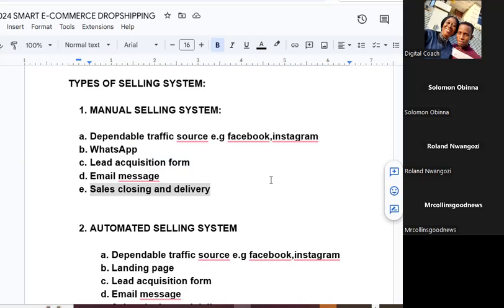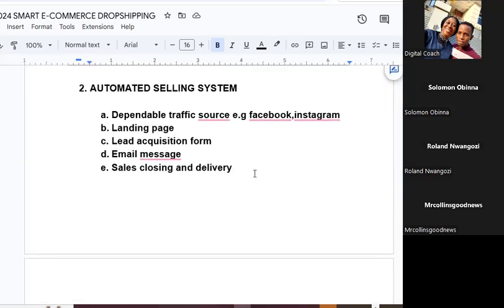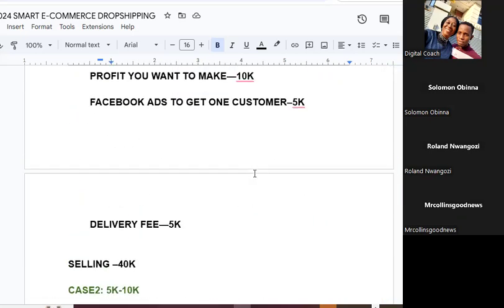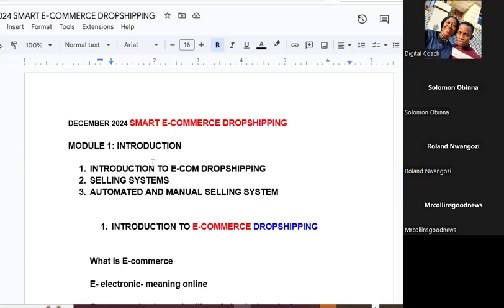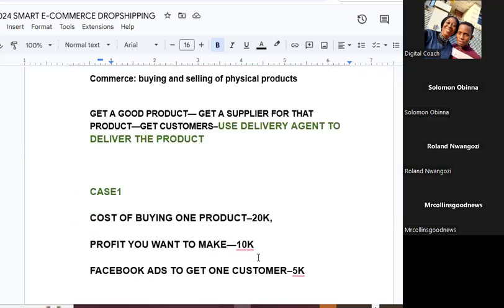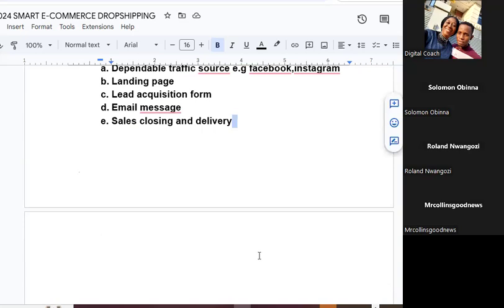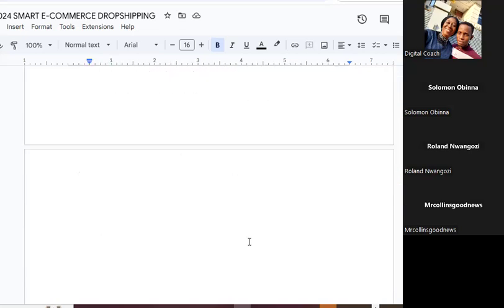Now, the next thing we want to consider is the product. In module one, we have looked at introduction to e-commerce dropshipping. We've looked at selling systems, automated and manual. Now we are going to module 2, where we're going to look at the product itself.